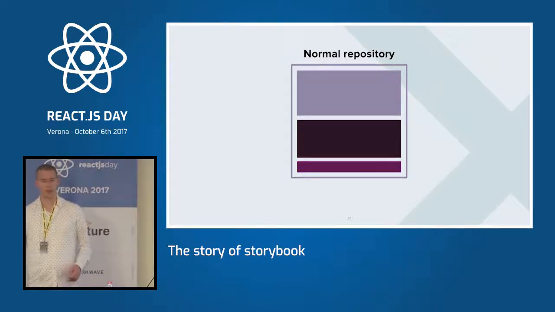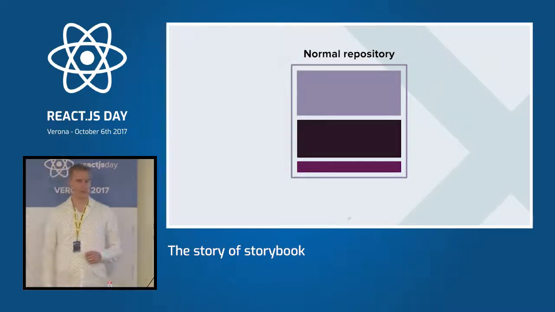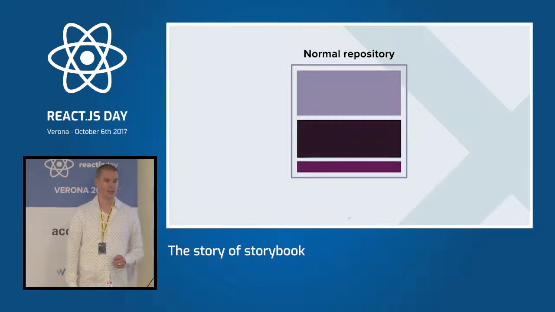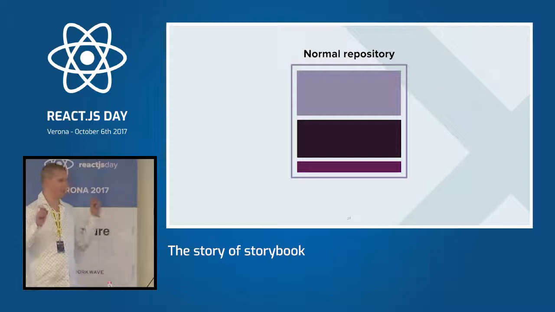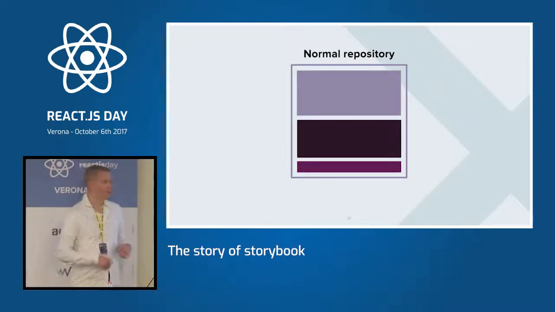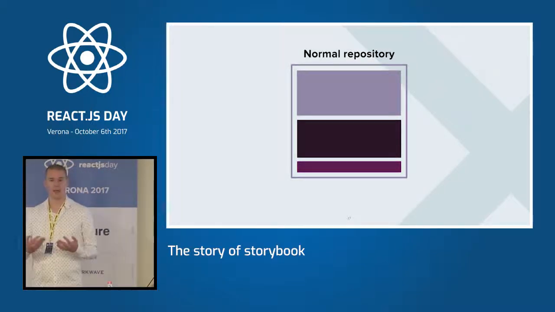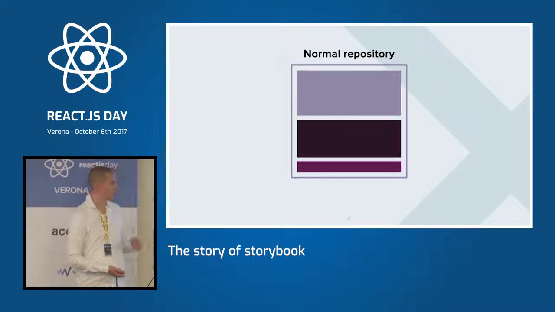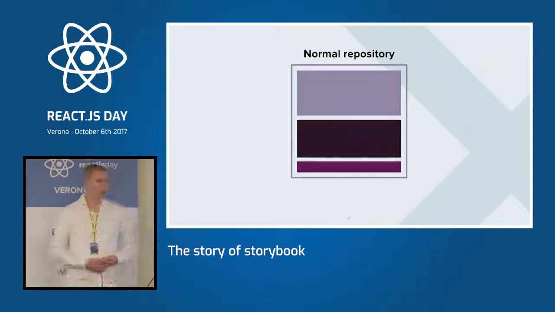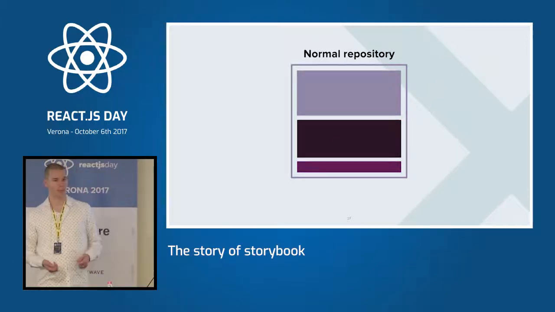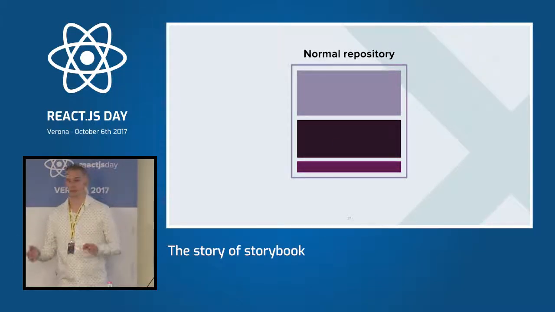Well, Storybook is not a normal repository. It used to be, before I came on board. In fact, it was over 25 normal repositories, all publishing their own NPM package to the NPM registry, all having their own version, their own development setup, their own testing framework, etc.